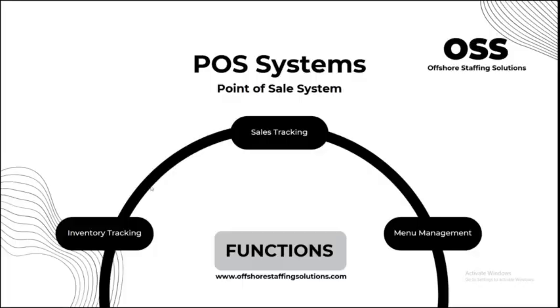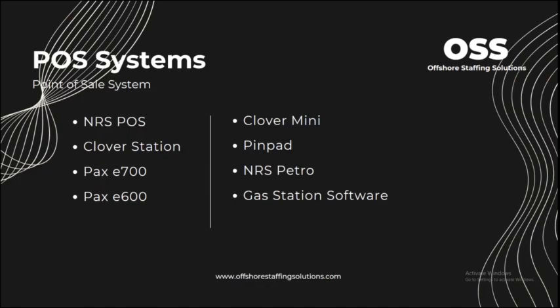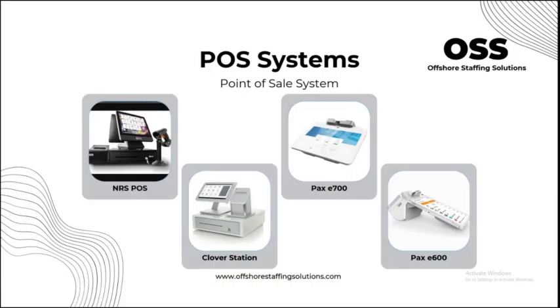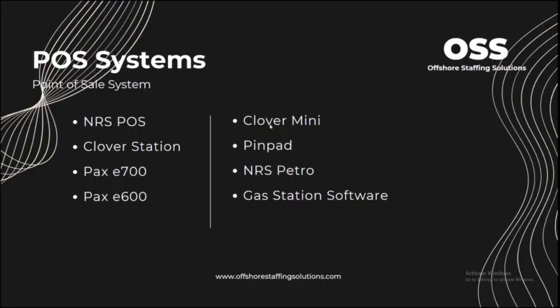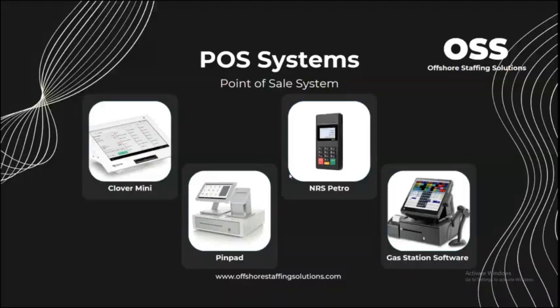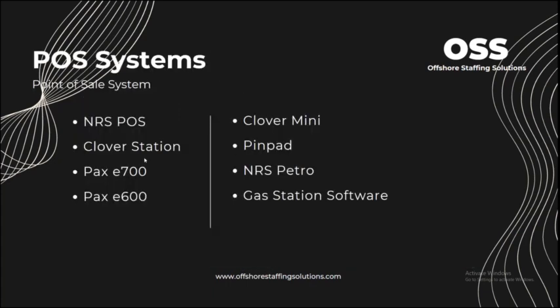So you have an idea what we're talking about here as PAX E700. PAX E600. So you have an idea what PAX E600 looks like. Clover Mini. Do we have a Clover Mini? Yes, we do. This is how a Clover Mini looks, right? It's the same, but just a little smaller.